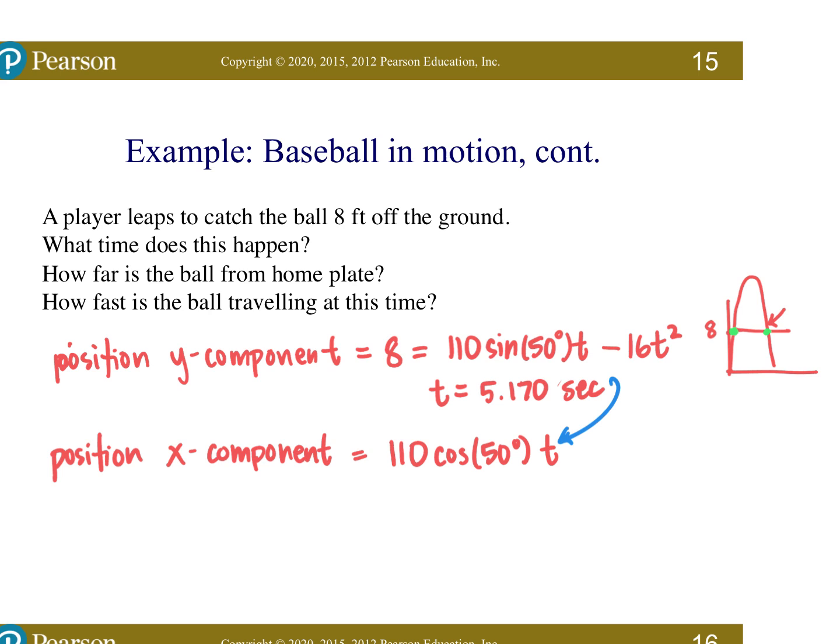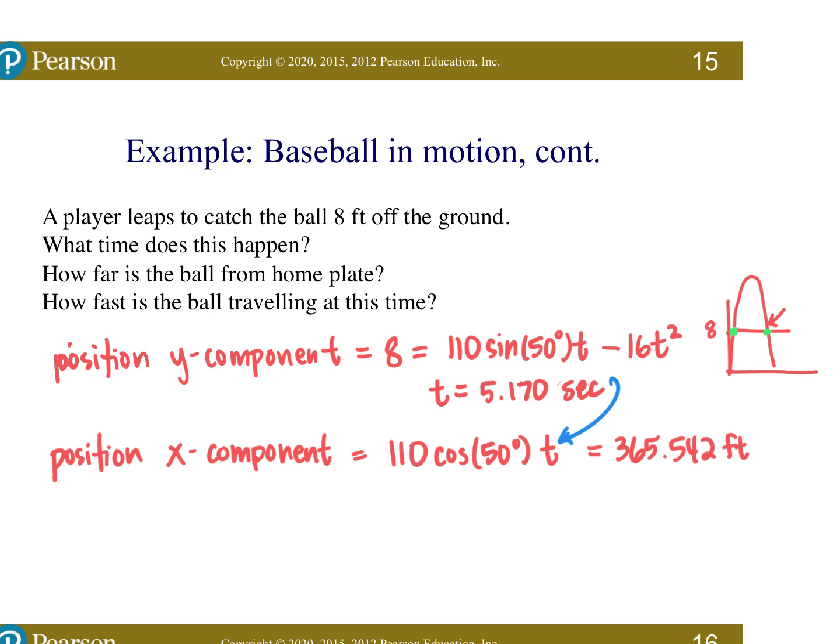So we're going to multiply 110 times the cosine of 50 degrees times t. And I get 365, I think. Yep, 365.542. And that is how far the ball is away now from home plate in a horizontal direction.